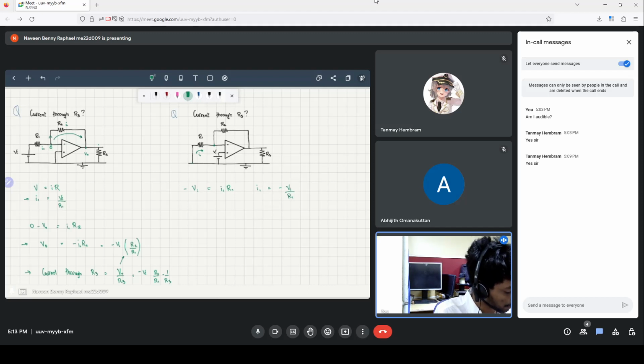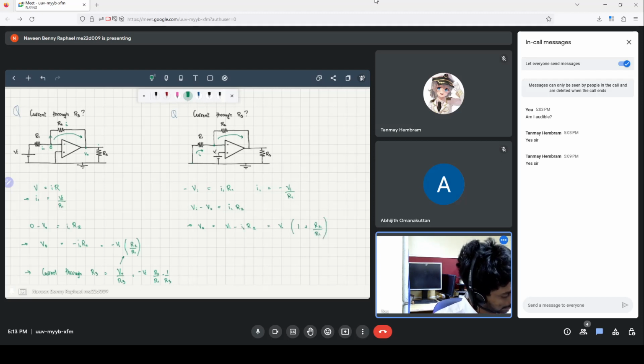Similarly, when you write the equation about R2, since current is flowing in this direction, and now when you substitute back the values, we'll get Vi into 1 plus R2 by R1.